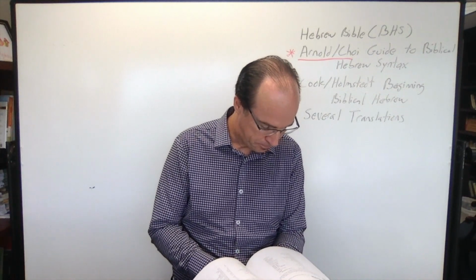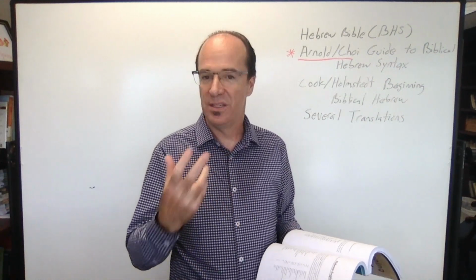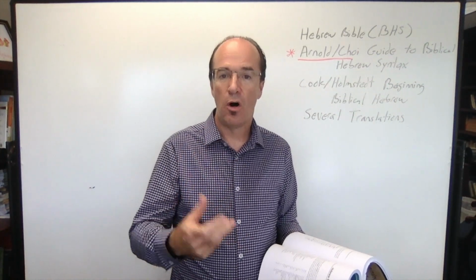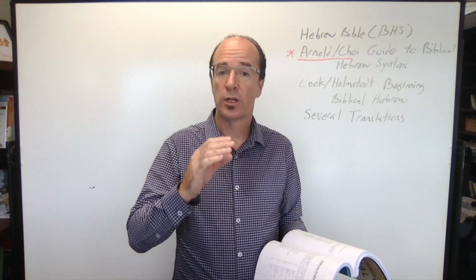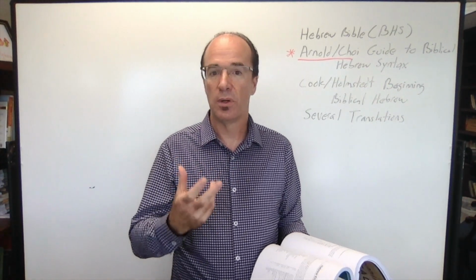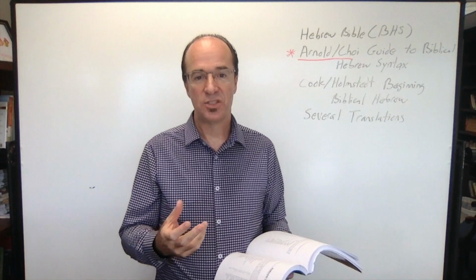For example, you've learned the phrase binyan or binyanim for like the Qal, the Hifil, the Piel. In Arnold and Choi, they're going to call it stems, the verbal stem, right? Another example would be past narrative as a particular type of verb.